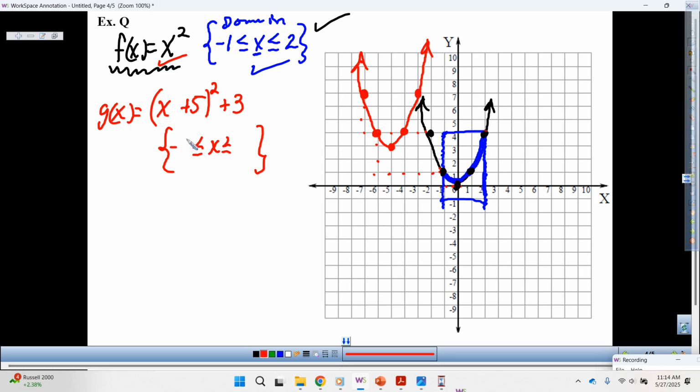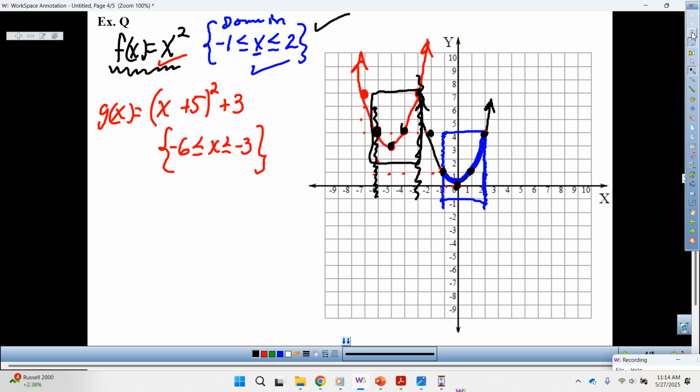Negative 6. And what? Negative 3. Hands, if you got that? That is correct. Between negative 6 and negative 3, it's that same window, so it's here, here, here, and here, and that's the only thing that we are going to see.